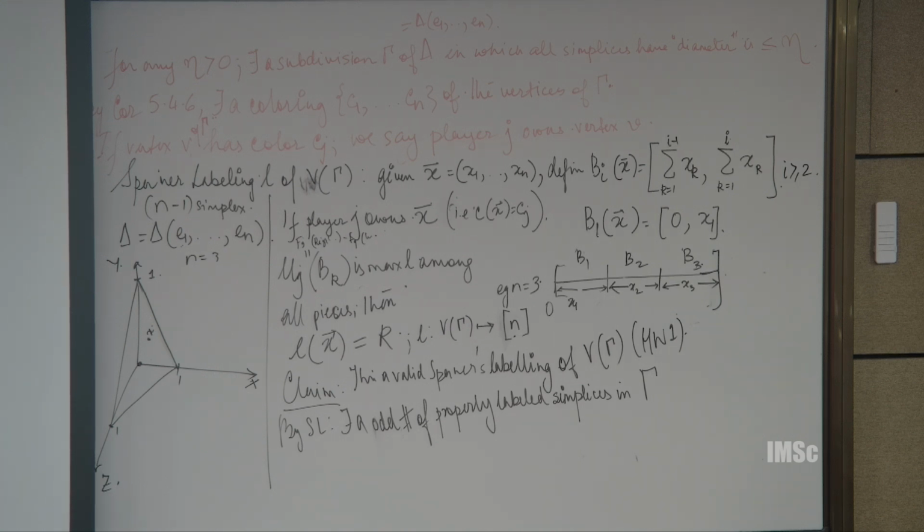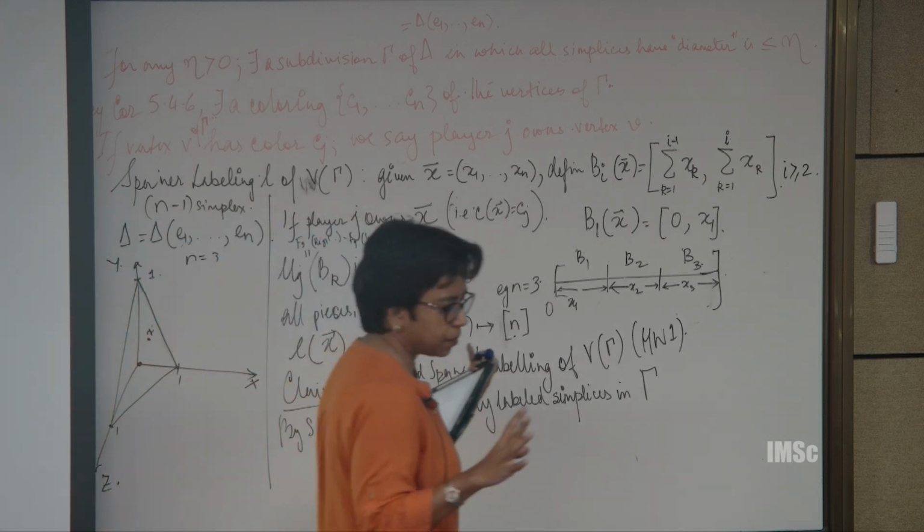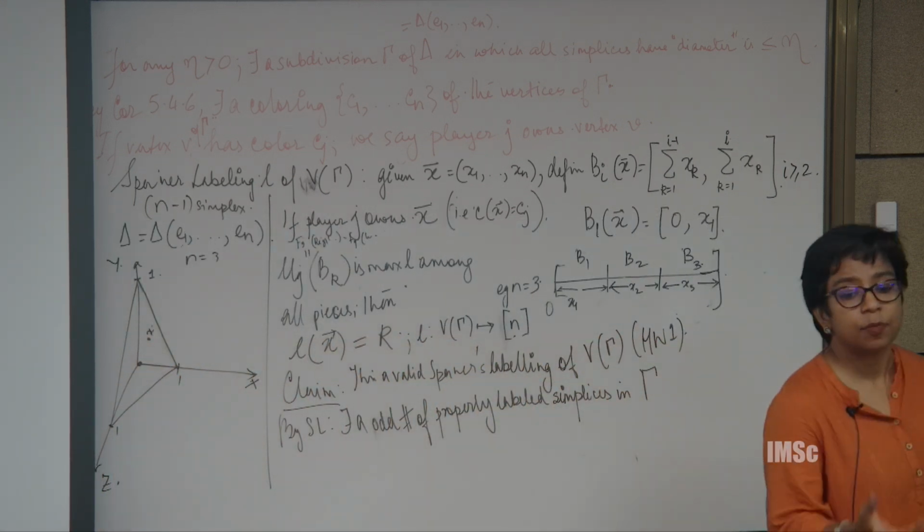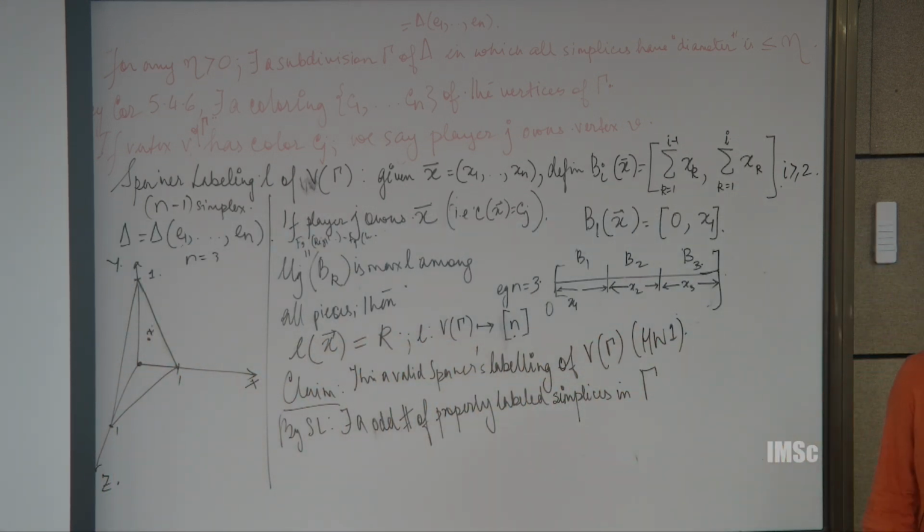The coloring tells us this point is owned by someone, but the labeling tells us a little bit more information. Go back to that mental picture. A point describes a partition of the simplex. We are trying to identify the right kind of point. That point is owned by somebody, correct?